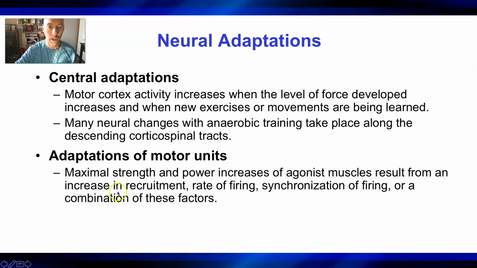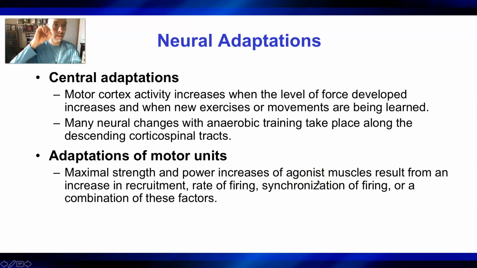So, increase in recruitment of muscles, muscle fibers, motor units that are needed to perform the activity. That's one thing. The rate of firing of those motor neurons increases. That's going to allow for greater force production and also more rapid force production. Synchronization of firing.